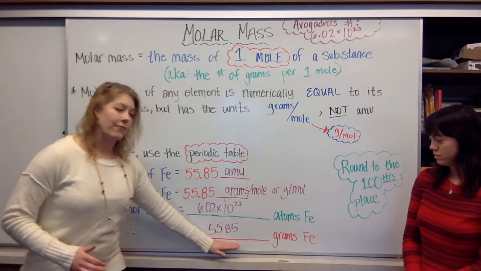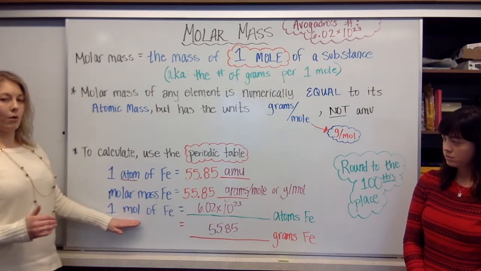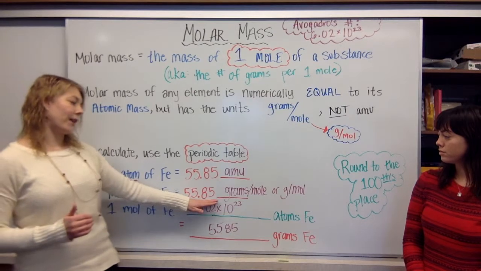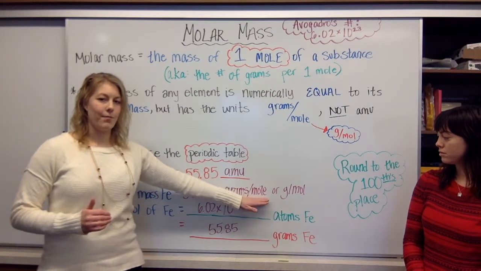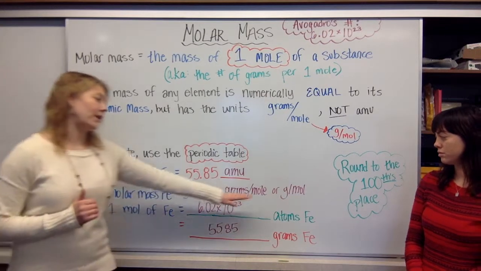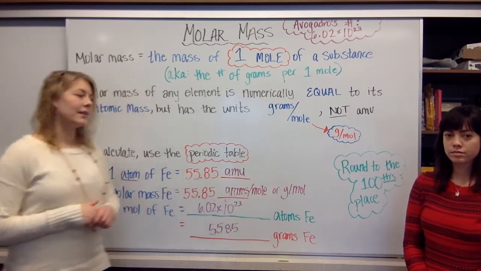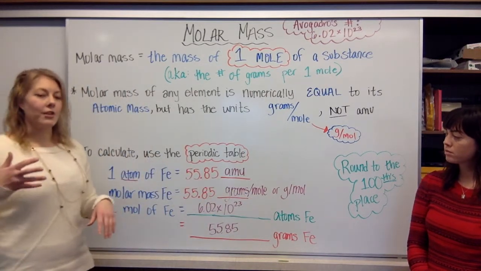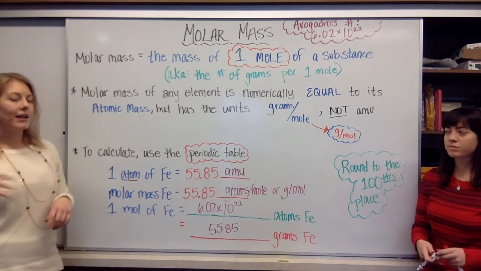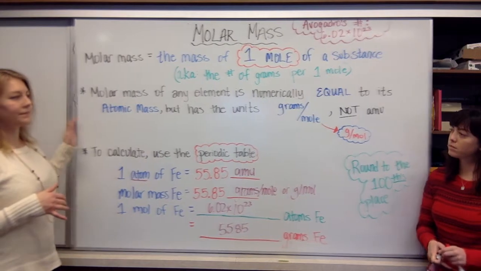So it's 55.85 grams per 1 mole versus the molar mass being 55.85 grams per mole, right? So if the 1 mole is not included here, then we need to make sure that we're including it in that unit. And when we're actually using the periodic table, we're going to make sure that we're rounding to the hundredths place. Your periodic tables that we've given you already do that.